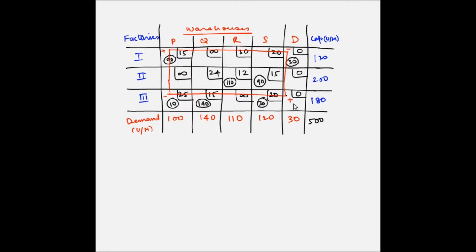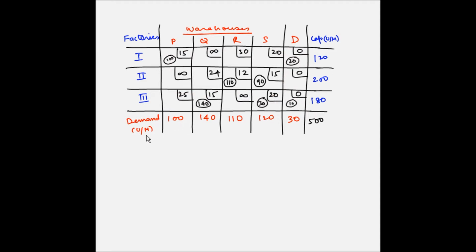So we can add 10 to 3D, subtract 10 from 3P, add 10 here to 1P, and subtract 10 from here, which is 1D. So this becomes our new improved solution. So let me re-establish these new allocations and then we'll test for optimality.